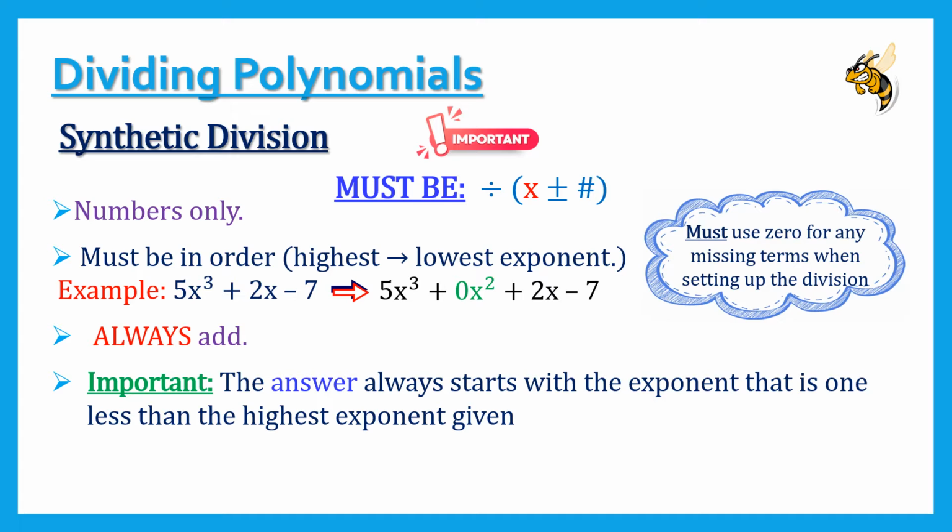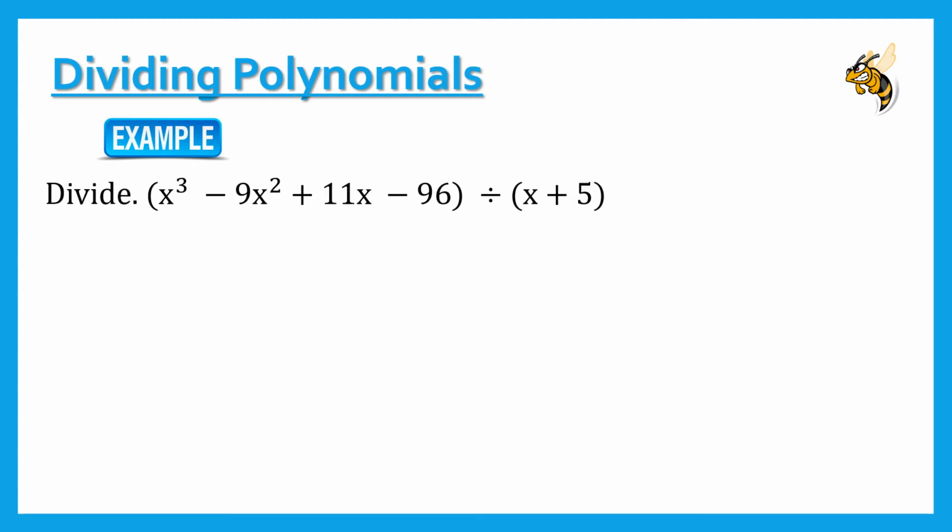Important. Your answer always starts with an exponent that is 1 less than the highest exponent given. Example. Open parentheses, x cubed minus 9x squared plus 11x minus 96, close parentheses, all divided by, open parentheses, x plus 5.